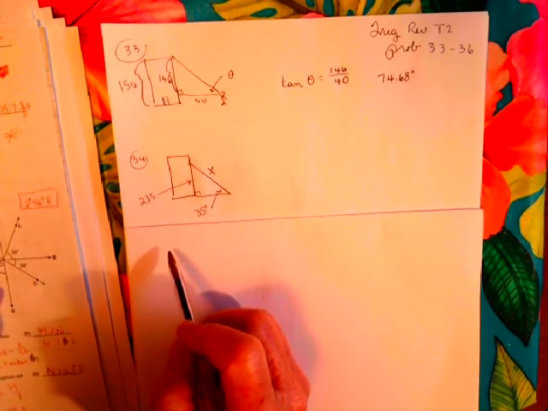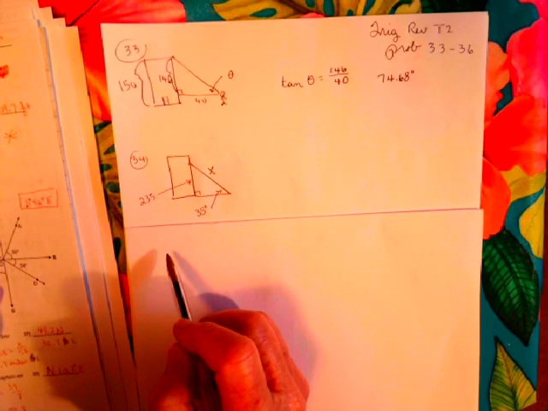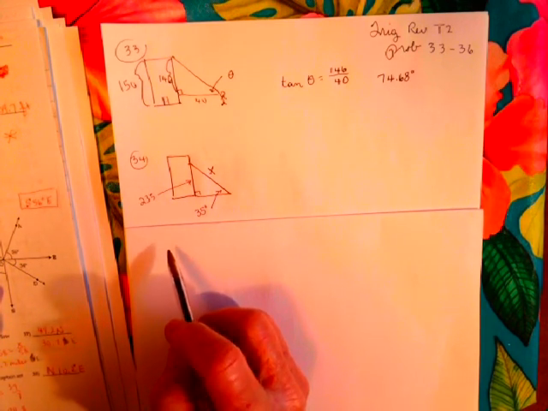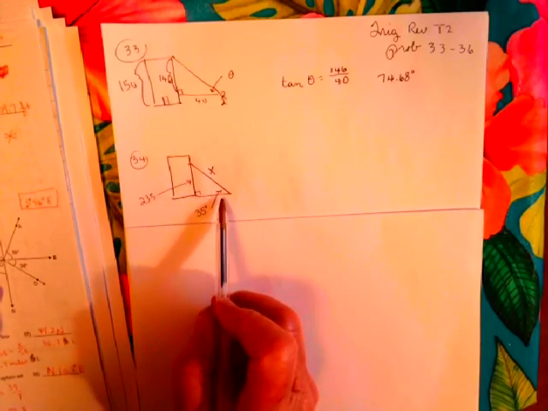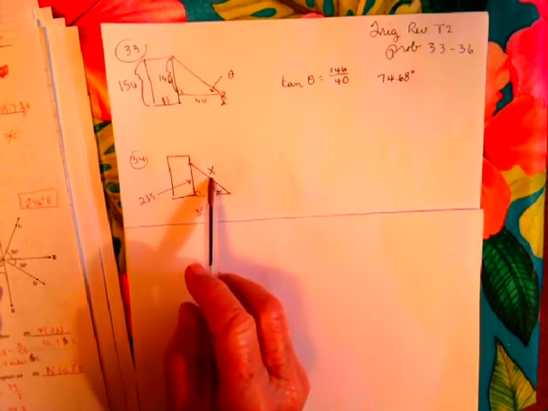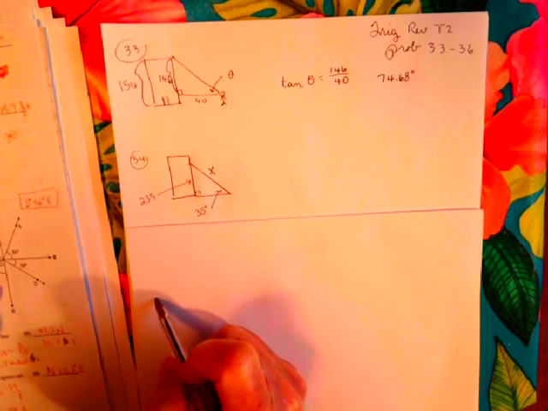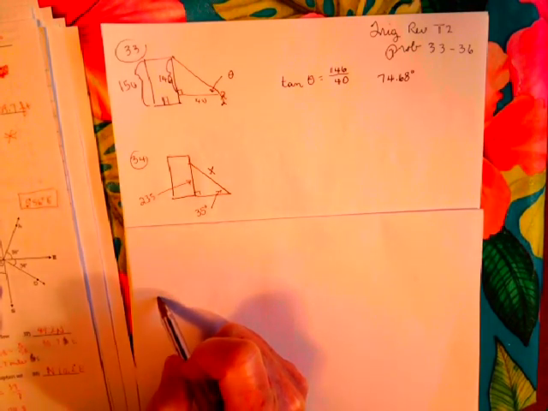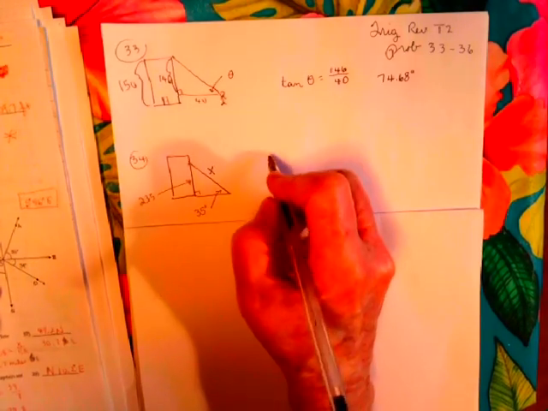So this time I'm trying to find x. I am given the opposite side because it doesn't touch the angle. I'm looking for the hypotenuse. The trig function that includes those two sides is sine.